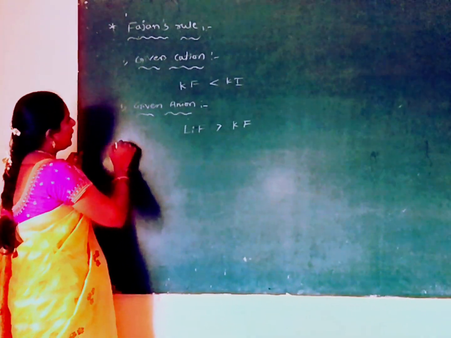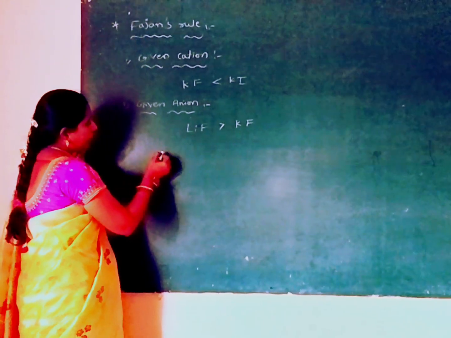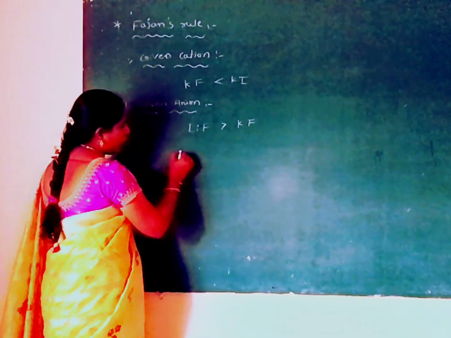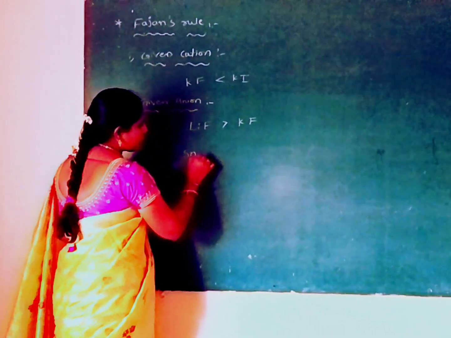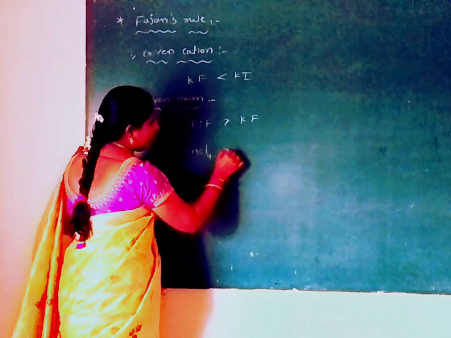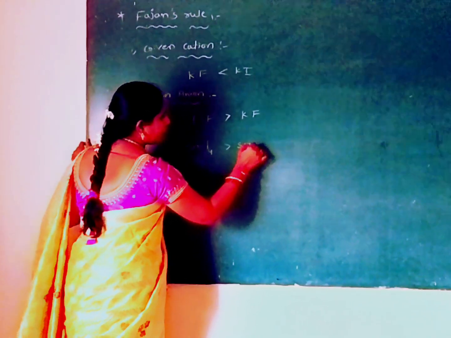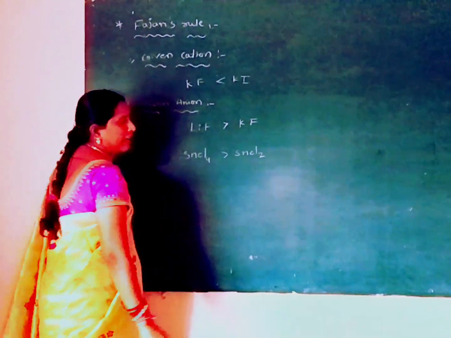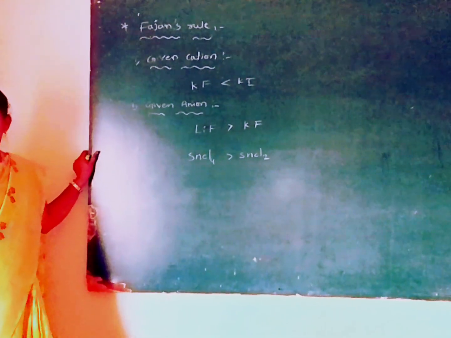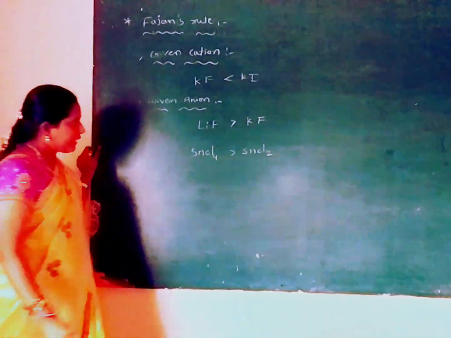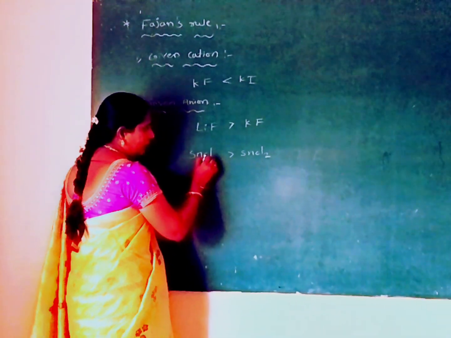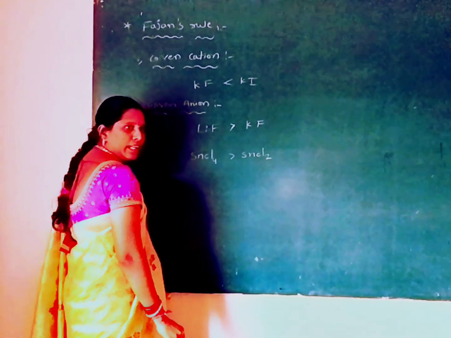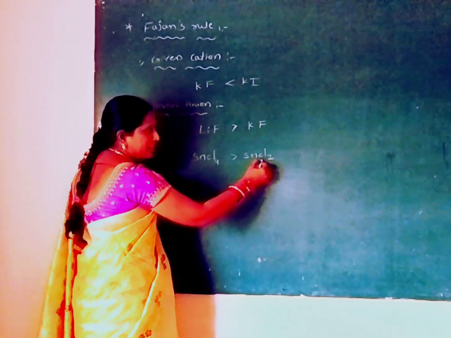Next, the third one. Compounds which have more charge will have more covalent character. For example, take tin tetrachloride and stannous chloride.